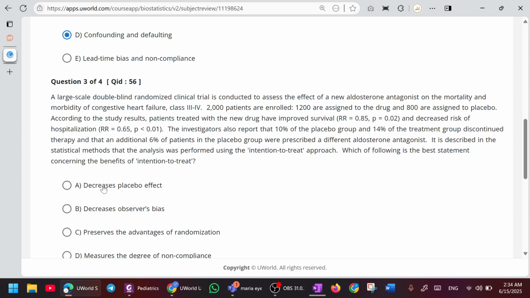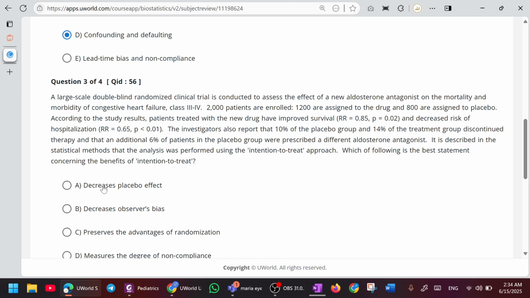According to the study results, patients treated with the new drug had improved survival, relative risk 0.85, p-value 0.02, and decreased risk of hospitalization, 0.65, p-value less than 0.01.